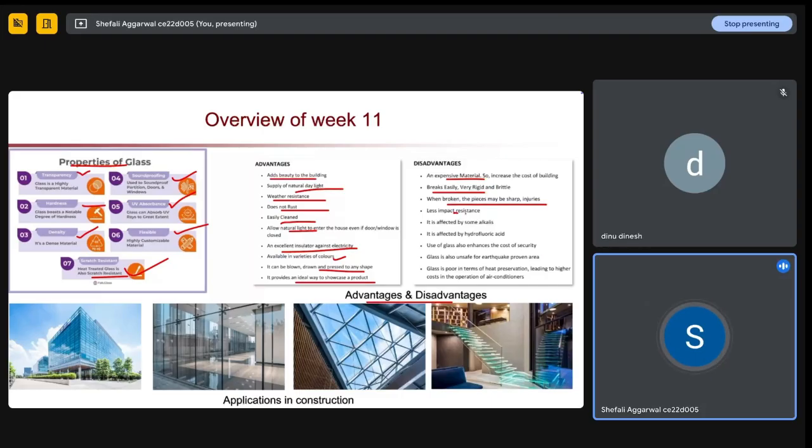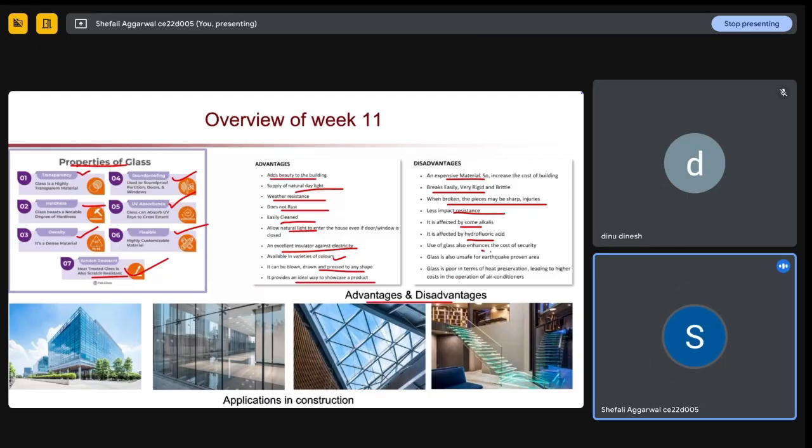Less impact resistance, affected by some alkalis, but it will be long term. Its durability will be much more than normal concrete. It is affected by hydrofluoric acid, but we are generally not using hydrofluoric acid in our common uses.